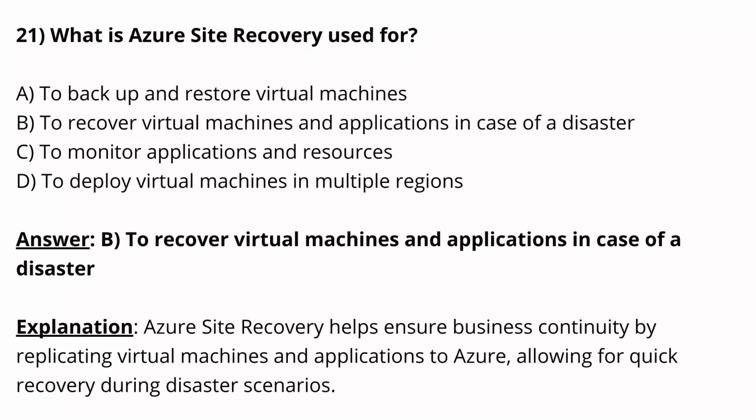Option D, to deploy virtual machines in multiple regions. So the correct answer is to recover virtual machines and applications in case of disaster. Azure Site Recovery helps ensure business continuity by replicating virtual machines and applications to Azure, allowing for a quick recovery during the disaster scenario.